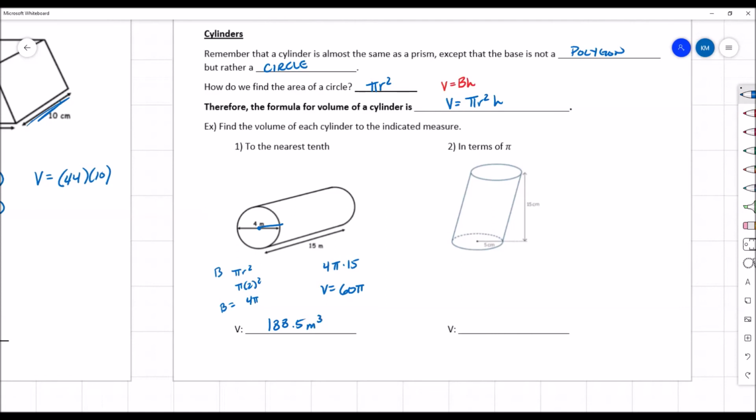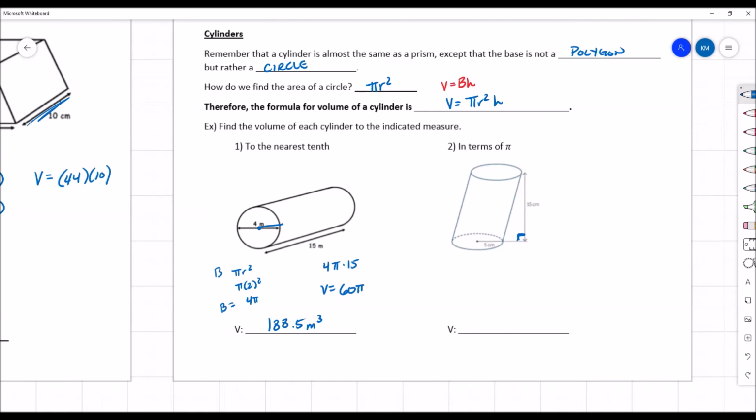Number 2. Okay, same kind of thing. You'll notice that this is leaning a little bit. Okay, I want you to realize that when we talk about a height, we're talking about the perpendicular distance between the bases. Okay, and so still we're talking about this perpendicular height here, and so whether it's leaning or not, this perpendicular height is the height that we'll use.